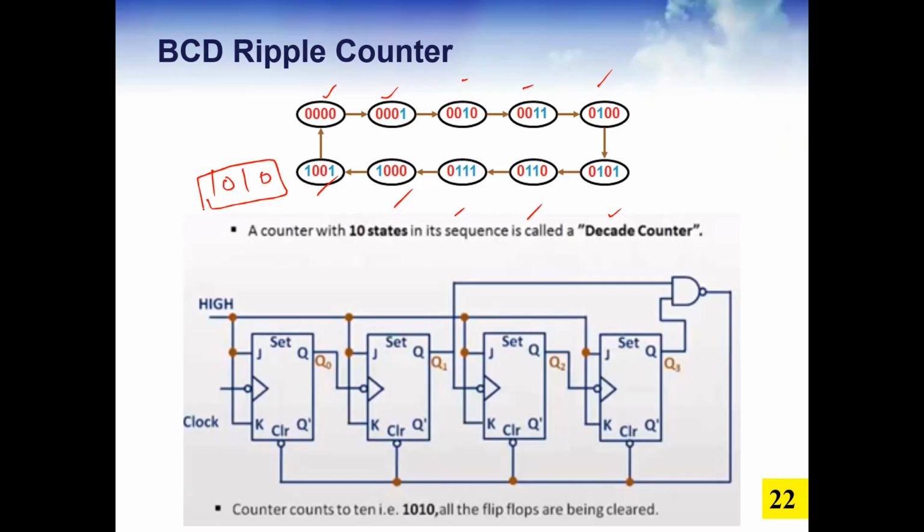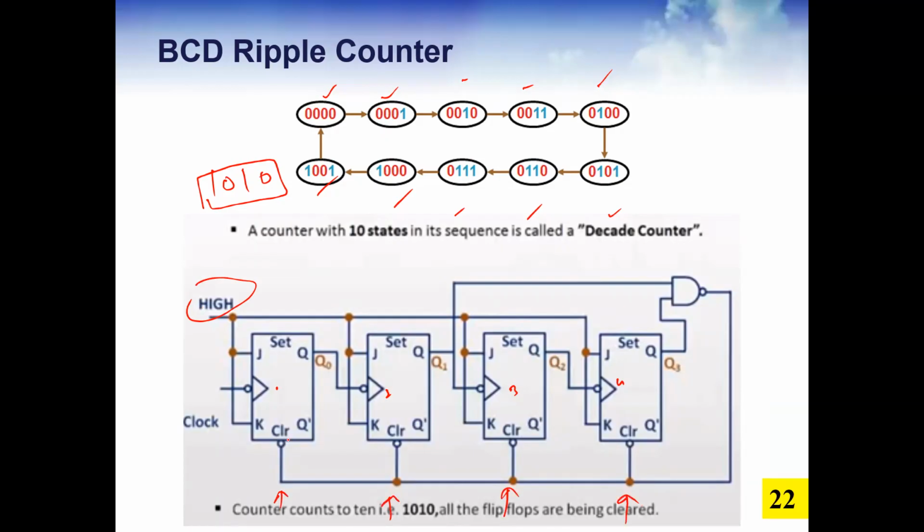Again, it is a ripple counter design. We can see we have 4 flip-flops here: 1, 2, 3, 4. All are set high because they need to be in toggling mode. Then you remember the control inputs: every flip-flop has two controls, reset and preset.